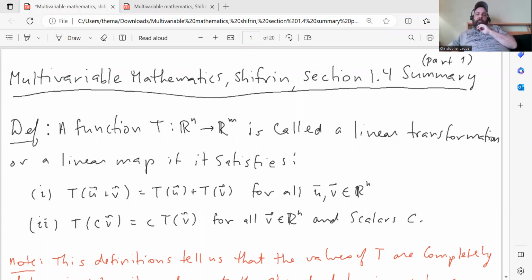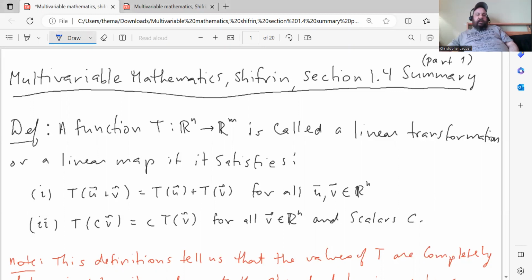Section 1.4 starts with the definition of a linear transformation, sometimes called a linear map. A function T from the domain Rn to the codomain Rm is called a linear transformation or linear map if it satisfies these two conditions: T of u plus v is equal to T of u plus T of v for all u, v in Rn, and T of c times v is equal to c times T of v for all v in Rn and scalars c.